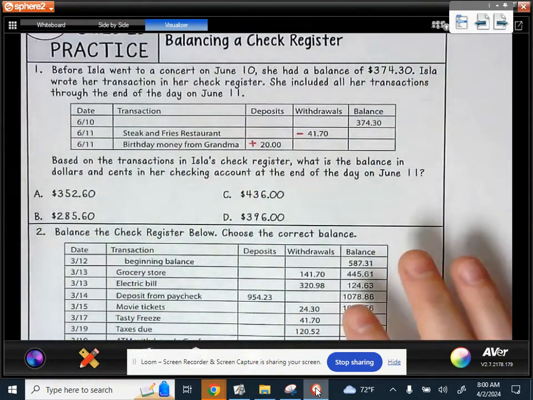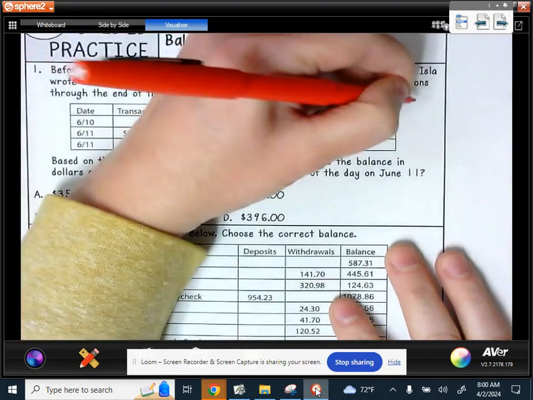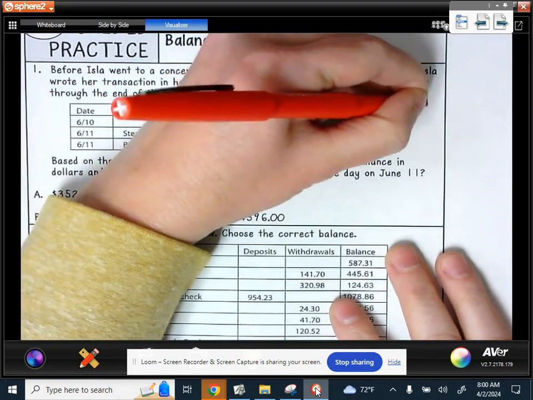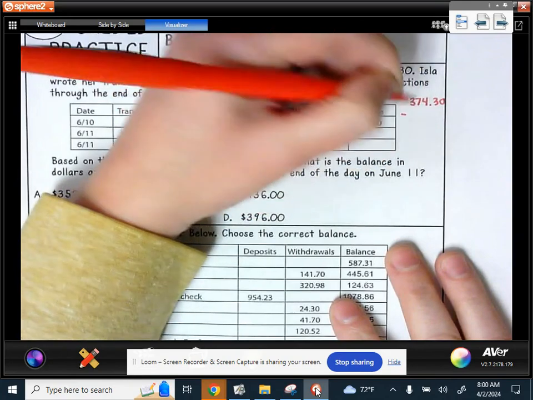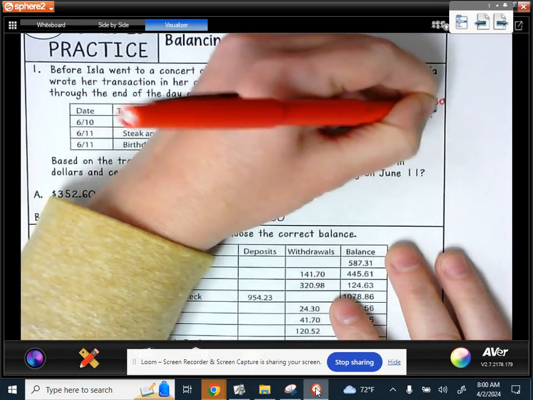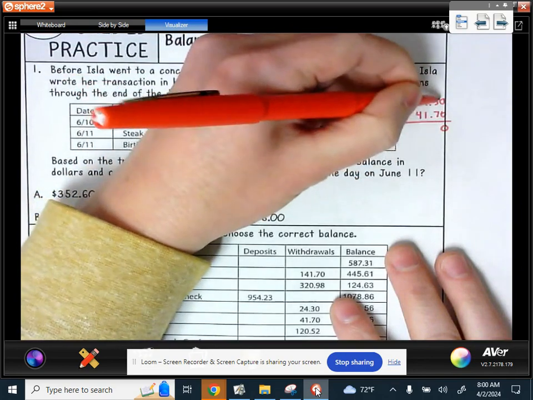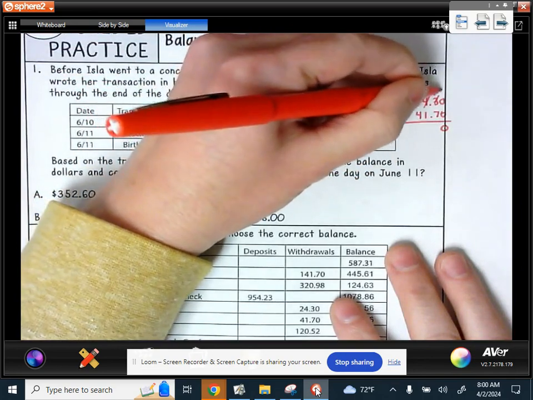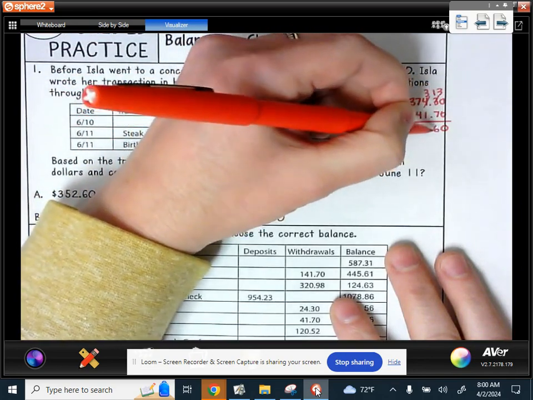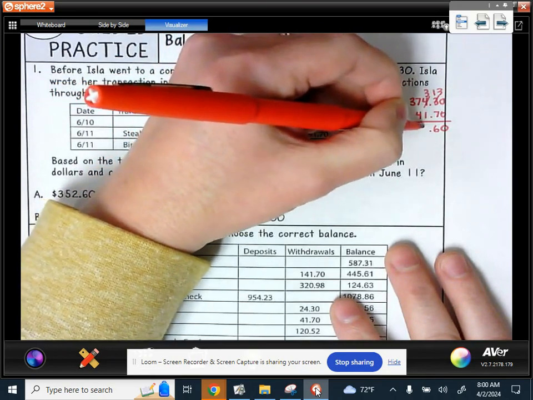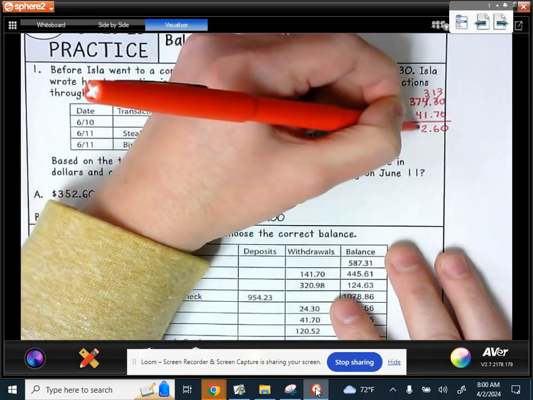So first, we need to subtract $374.30 minus $41.70. I can't take 7 away from 3, so I need to borrow. 13 minus 7 is 6. 3 minus 1 is 2. 7 minus 4 is 3.